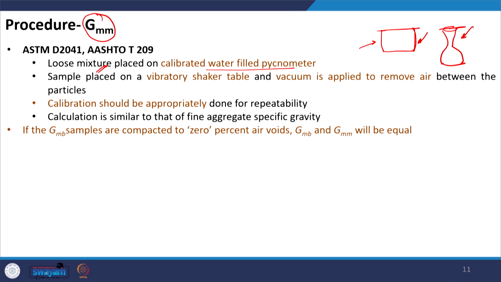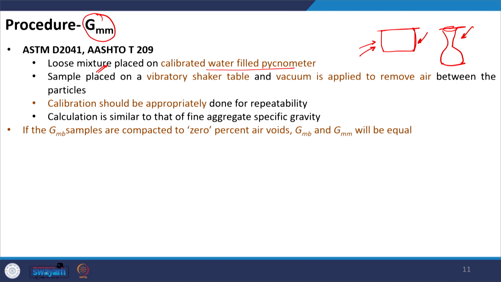We have to remember that the calibration of the container also depends on the source of water. If we are using distilled water from different sources, then the weight will be different. So, every time you do the test using a specific source of water, the calibration should be done properly by filling this container completely with water and taking the weight of the water-filled container.